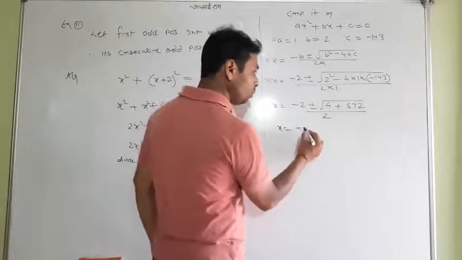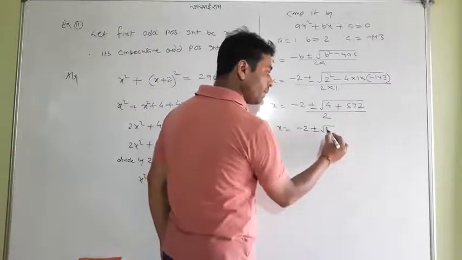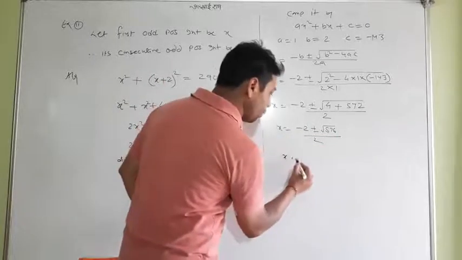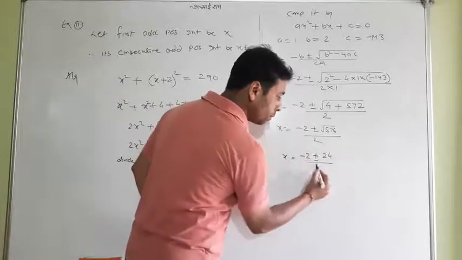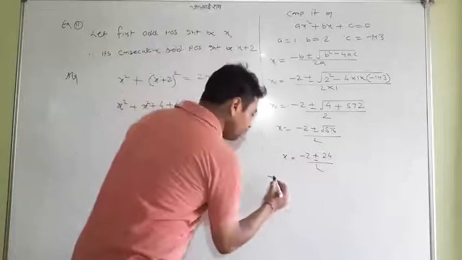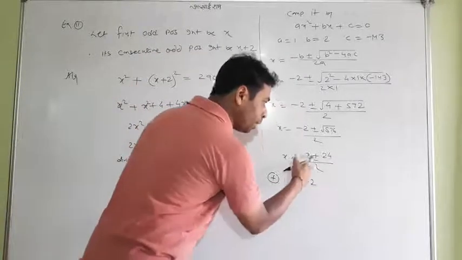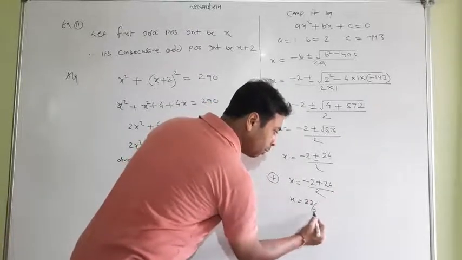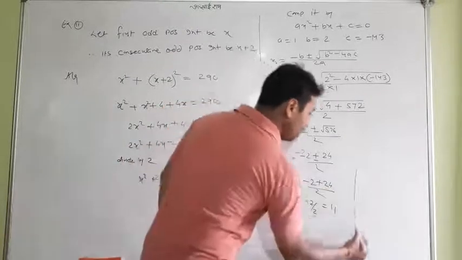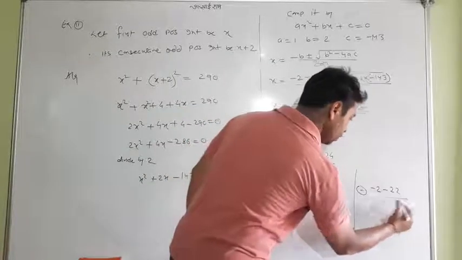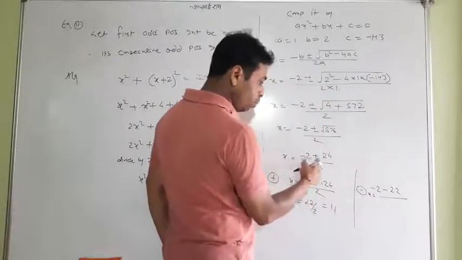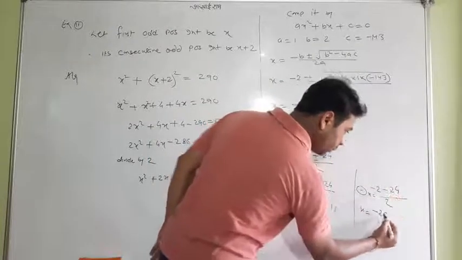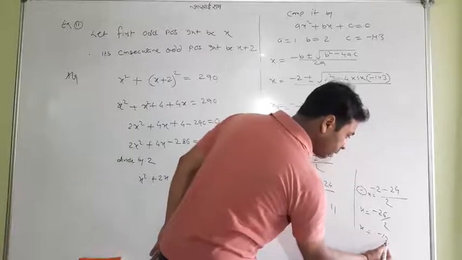Now x is equal to, these two will be 576, and the square root of 576 is 24. You should remember this. Now take a plus sign and a minus sign. On taking the plus sign, minus 2 plus 24 is 22, by 2, so the answer is 11. If I take the minus sign, x will be minus 2 minus 24 upon 2, which is minus 26 by 2, so the answer is minus 13.